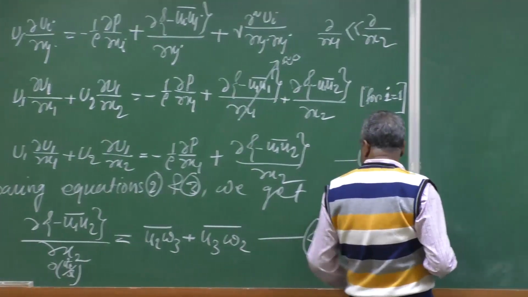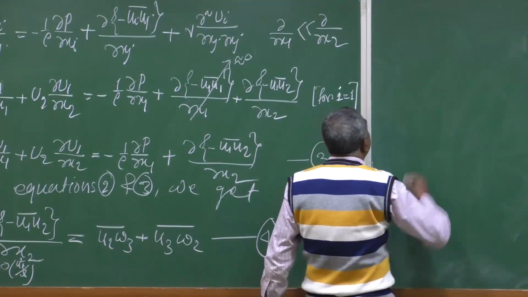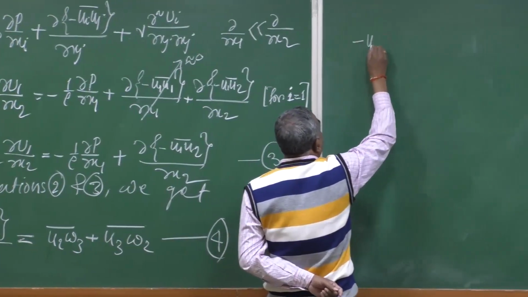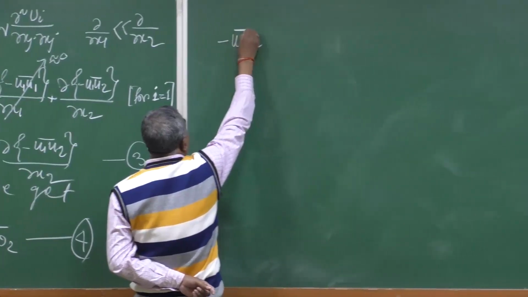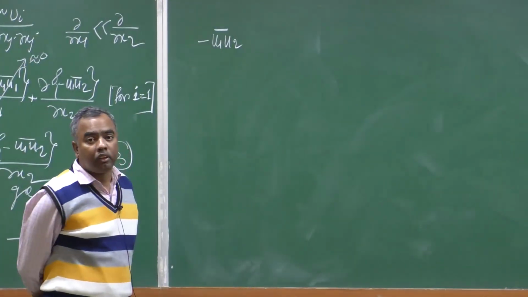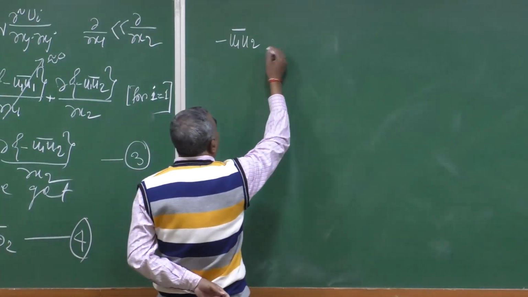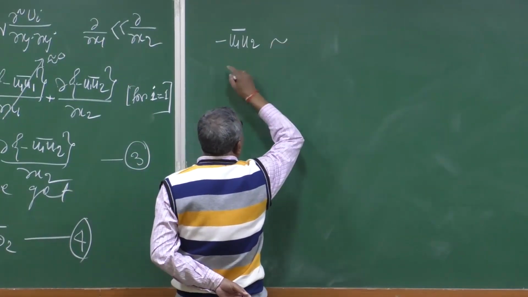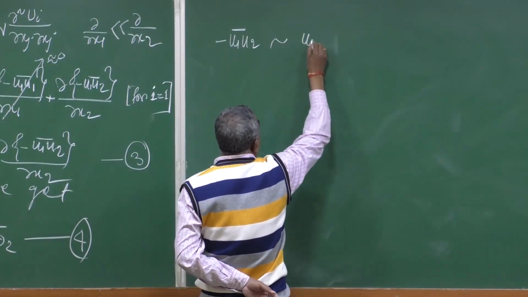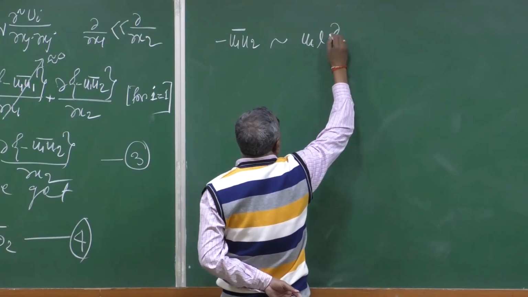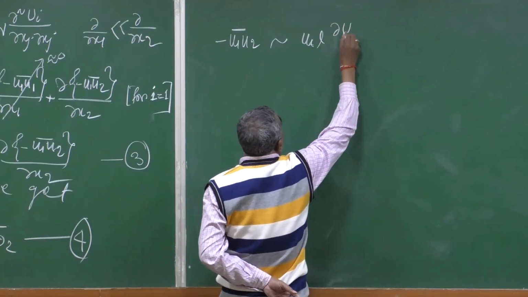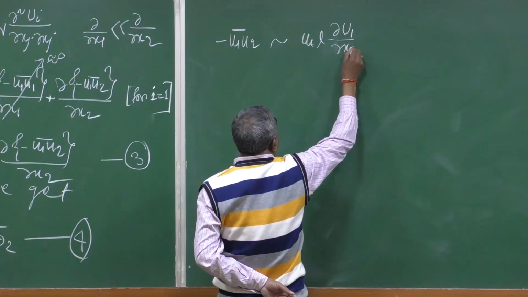So, you see this Reynolds stress u1 u2. If you consider the mixing length theory, then this Reynolds stress can be written as u_t L del u1 del x2.